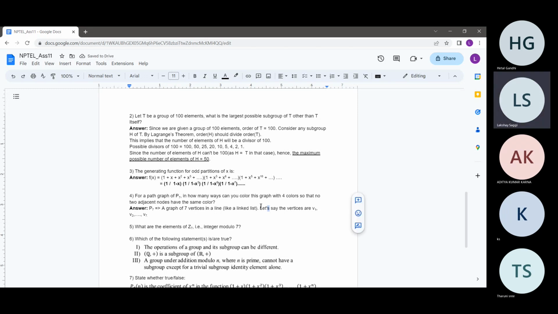We want to color these vertices, V1 up to V7, such that no two adjacent nodes have the same color. And we are given 4 colors, let's say C1, C2, C3, C4, right?